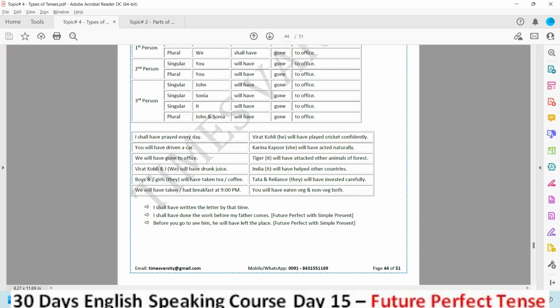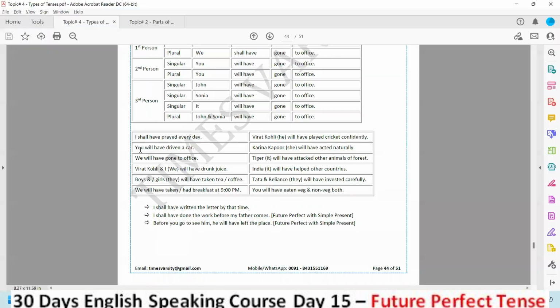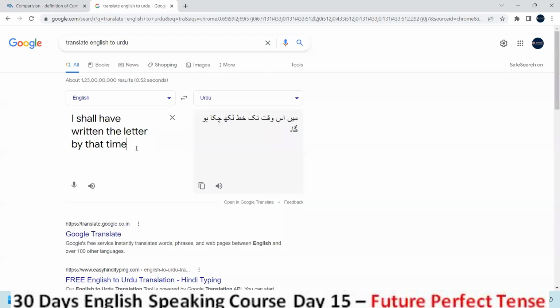I shall have written the letter by the time. So you see that meaning. मैं उस वक्त तक खत लिख चुका हूँगा. Right? You see, I shall have written the letter by that time. मैं उस वक्त तक खत लिख चुका हूँगा. This is future.